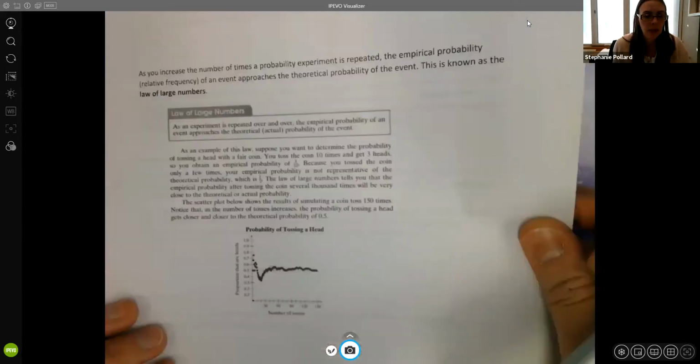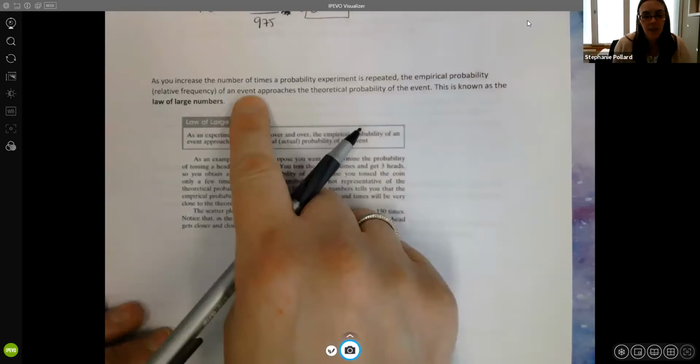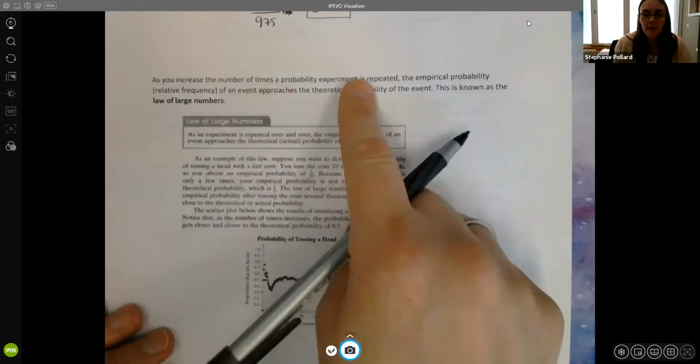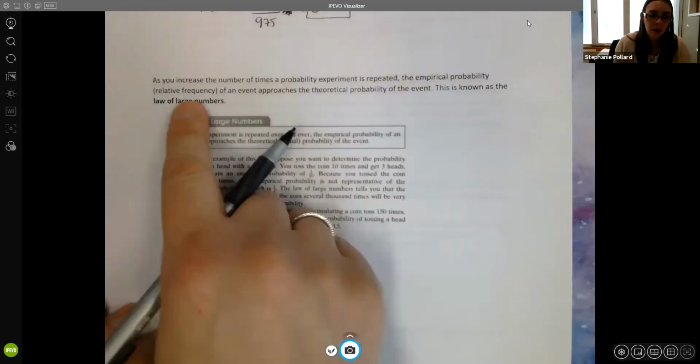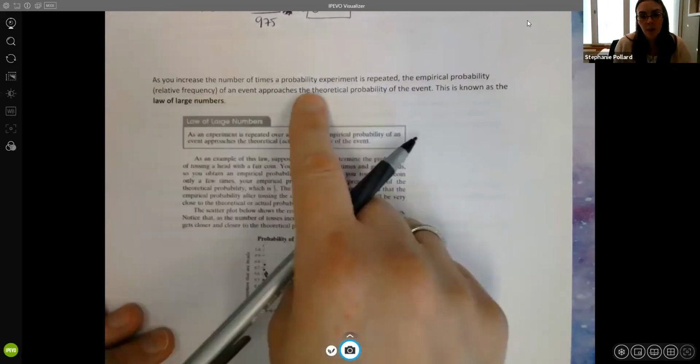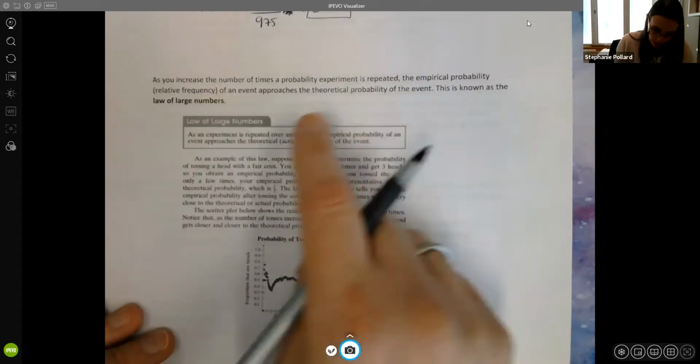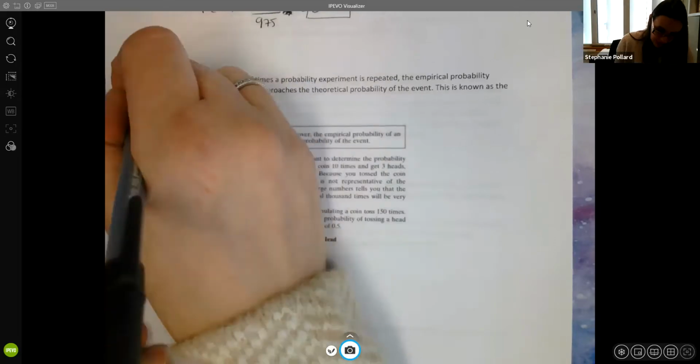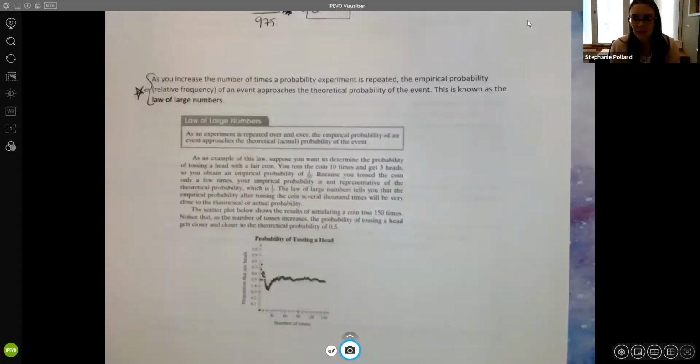Now, what we do see is that as you increase the number of times a probability experiment is repeated, the empirical probability, which is the relative frequency of an event, approaches the theoretical probability. This is known as the law of large numbers. So what does that mean? It basically means that the larger your sample size is, the closer you get to the true probability, right? Real world data is messy. If I only have a couple data points, it really doesn't give me a good picture. The larger my sample size, the closer I get to the true probability for that population.